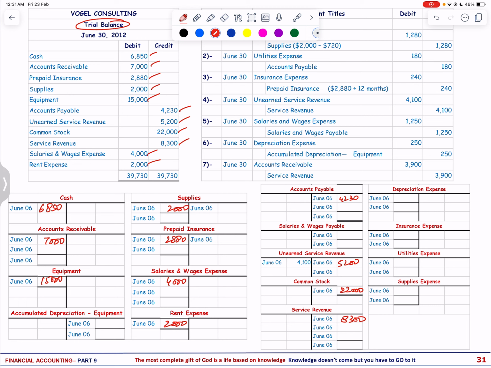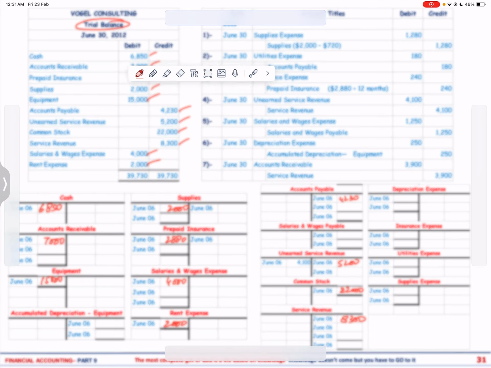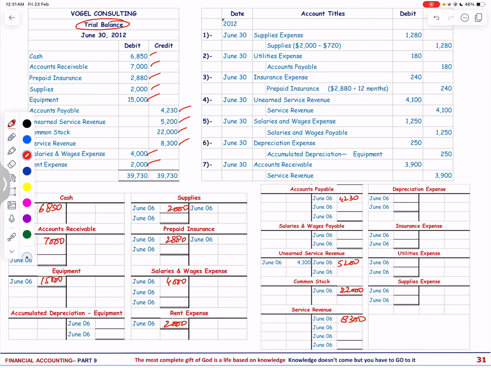Next, we are going to record all the adjustments that we have done, and you can see over here supplies expense 1280. Supplies expense is 1280. Then supplies is credit by 1280.